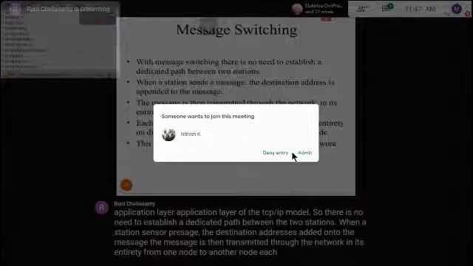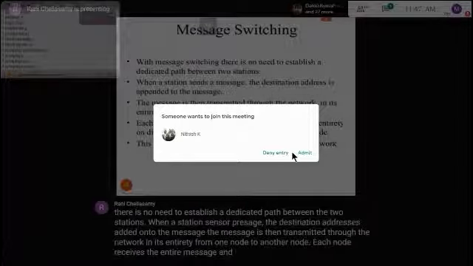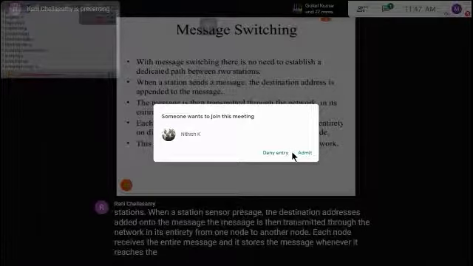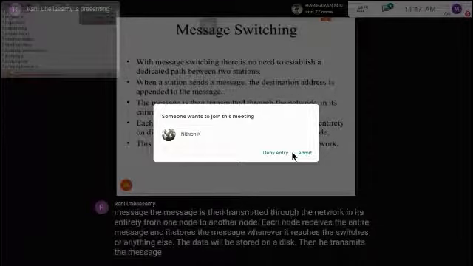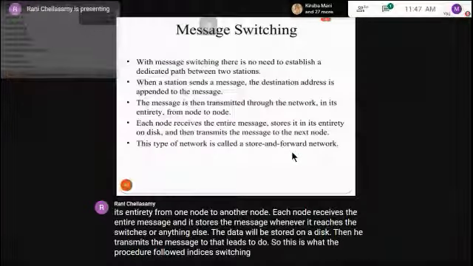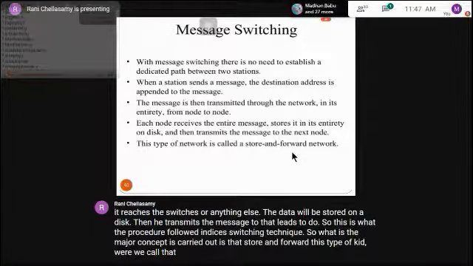Each node receives the entire message and stores it whenever it reaches the switches. The data will be stored on a disk and then it transmits the message to the next node. This is the procedure followed in the message switching technique. The major concept carried out is the store and forward network. This type of network we call a store and forward network.